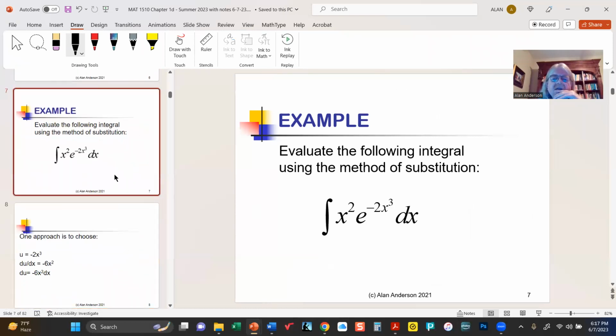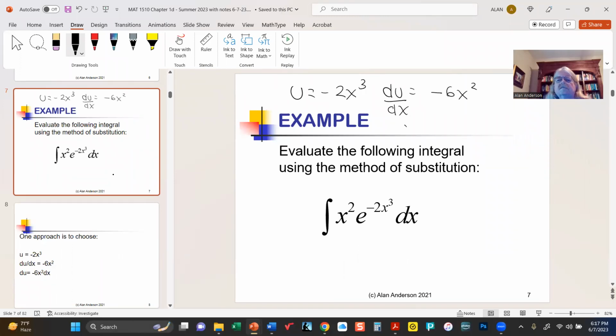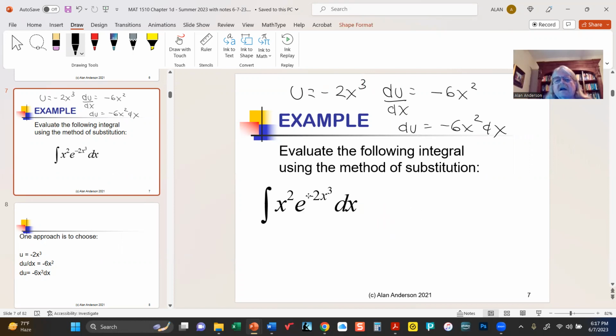All right, how about this one? So you probably already have a sense of what you're supposed to do here. Instead of letting u be e to the minus 2x cubed, let's just try minus 2x cubed. So we don't exactly have that. We're only missing the constant.